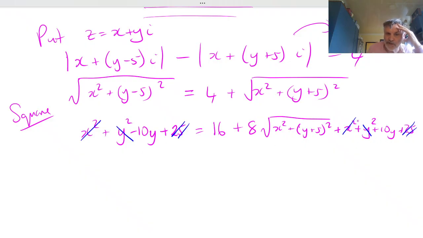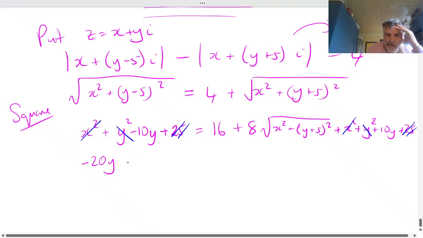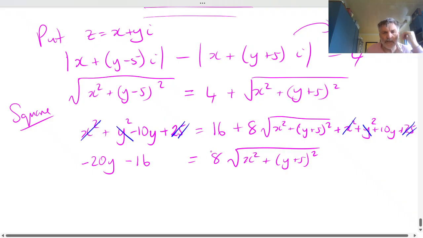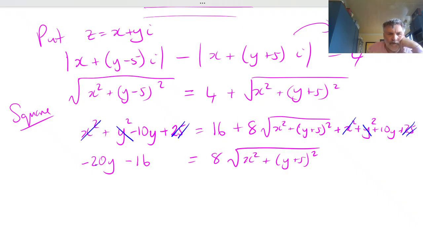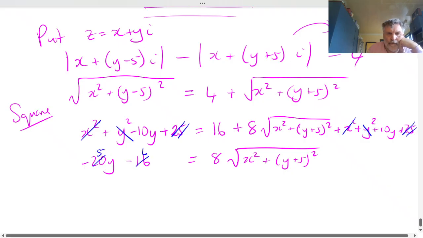This is plus 10y, it's going to become minus 10y. 16 will become minus 16, equal to 8 times the square root of x squared plus y plus 5 all squared. We can divide through by 4 to make these numbers a little simpler, and then we need to square again.